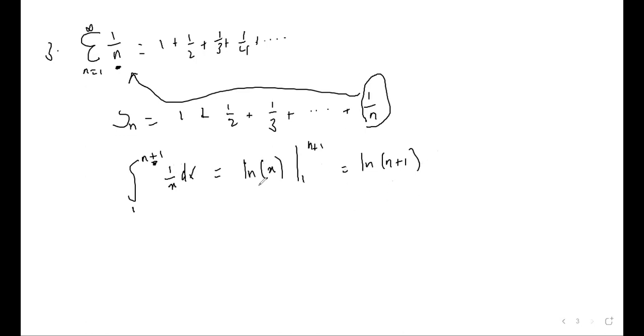So if you get the limit as n goes to infinity, you understand that for sure this has to diverge. So every time I have a harmonic series, I understand that it reaches infinity. Harmonic.